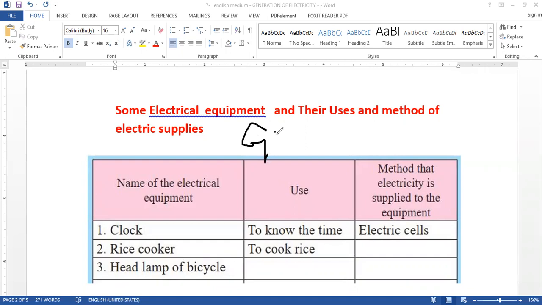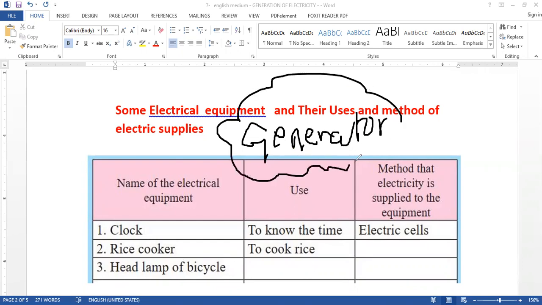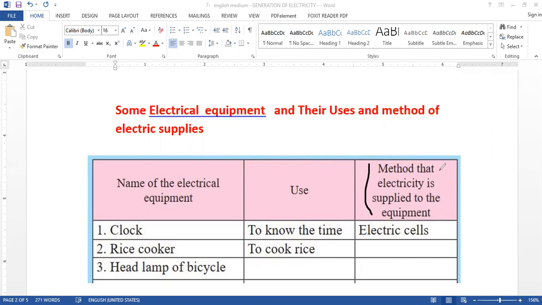You get a generator. That generator produces current. So there are different methods of supplying electricity. From this, we have to conclude other topics here.